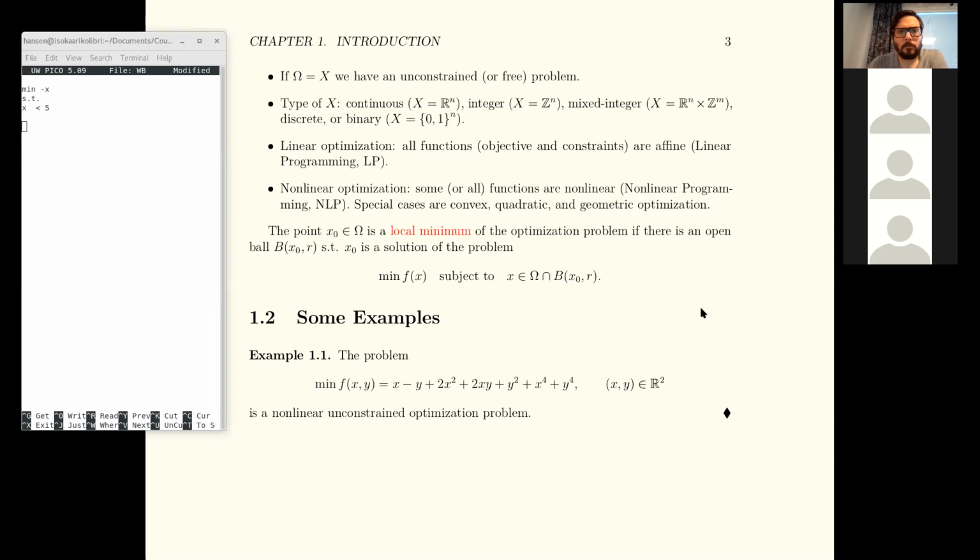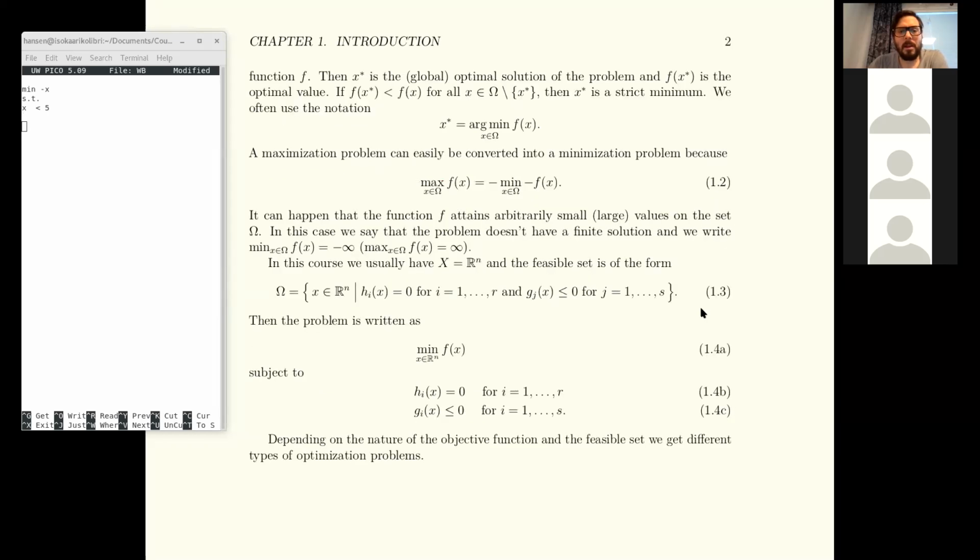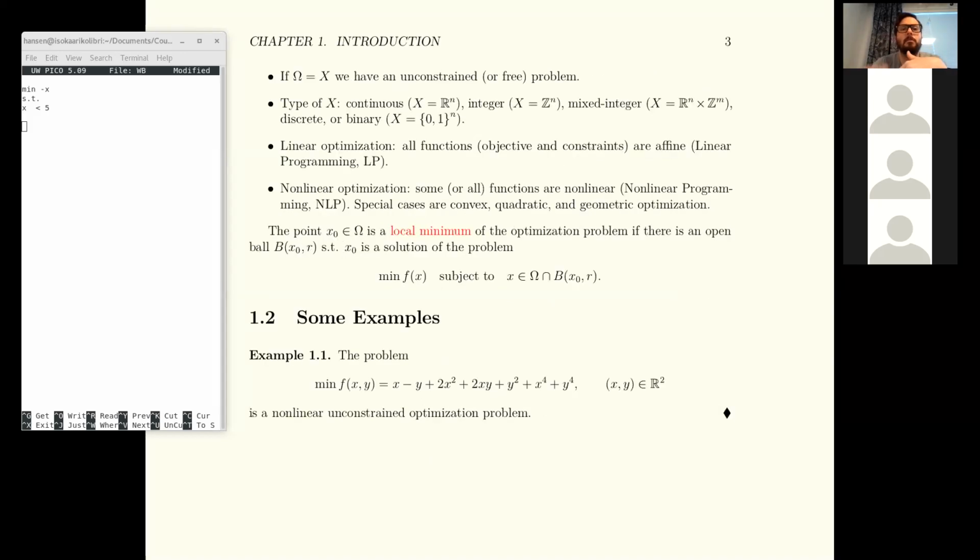Depending on how f of x is defined and how the feasible set is defined, we get different types of optimization problems. So here's the most important classification. If we don't have a feasible set characterization with any constraints, it's just the set of real numbers, then we call that an unconstrained, or free, problem.